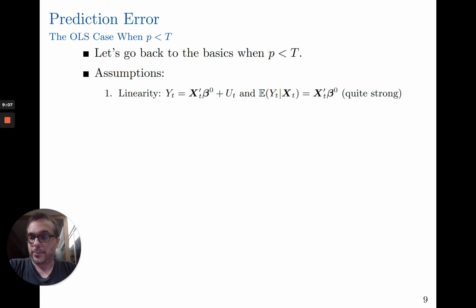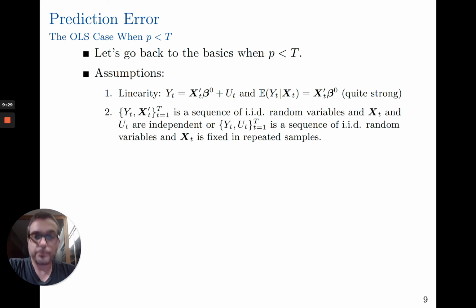This can be a quite strong assumption, but let's keep it like this for now, because, as I mentioned, we want to understand the basics. So we are going to relax this assumption later in this course, but now let's think that linearity is a good assumption, okay? And then we can make either one of two conditions here.